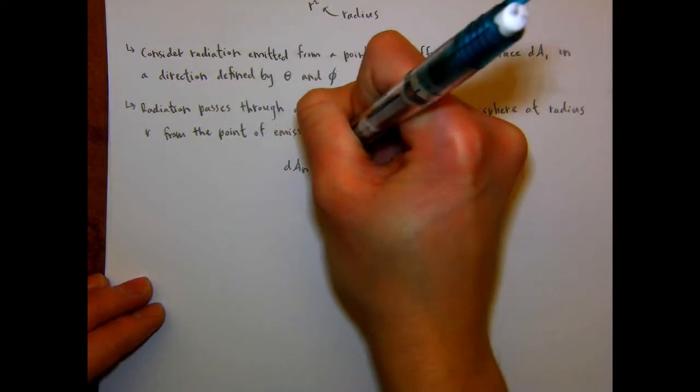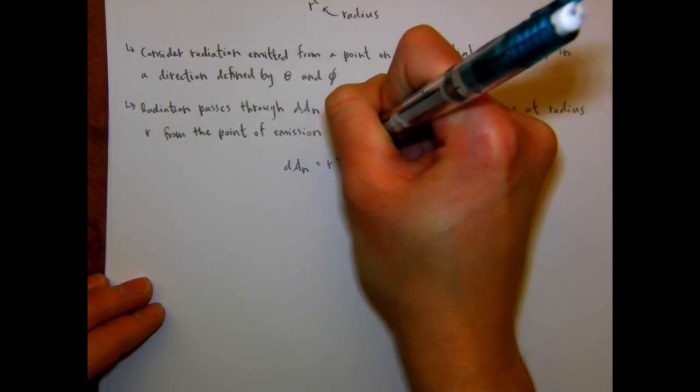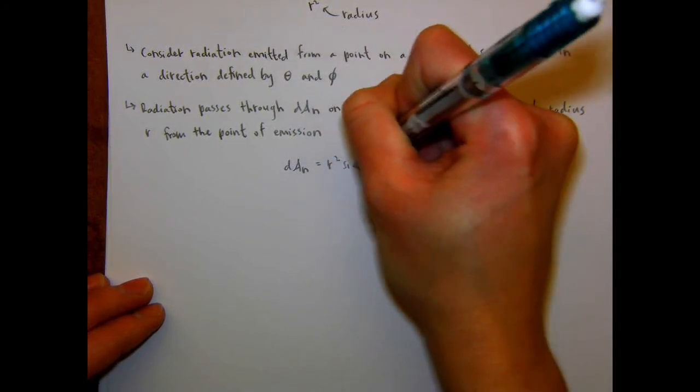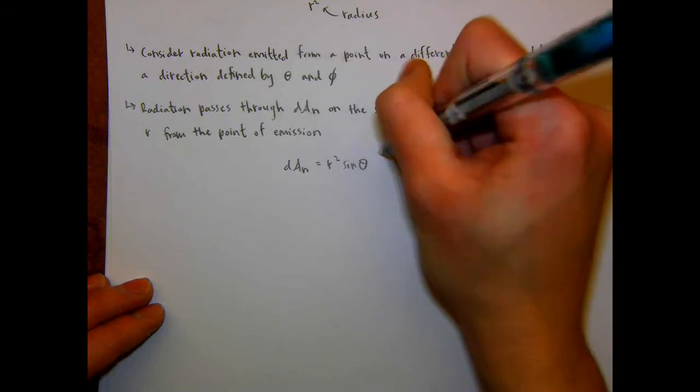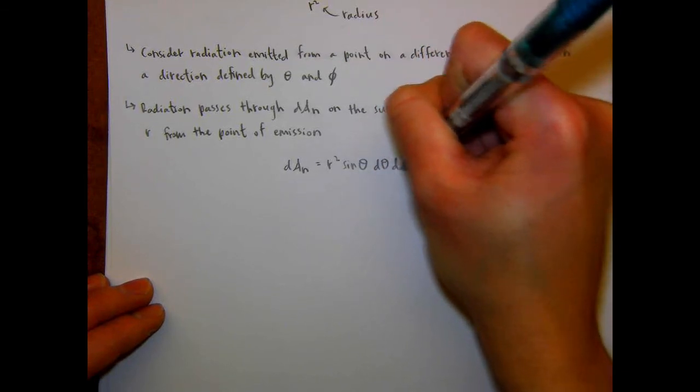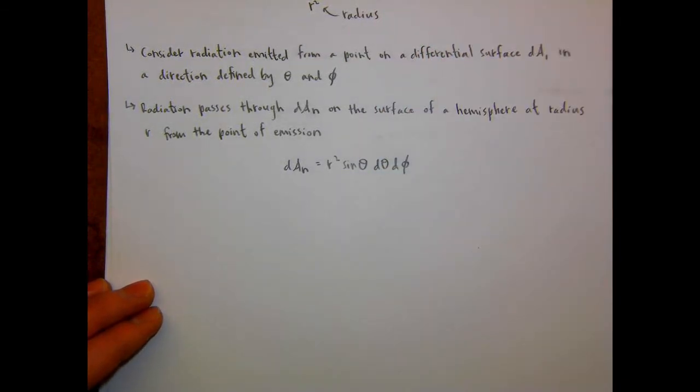And then the surface area is given as dA sub n equals r squared sine theta d theta d phi.